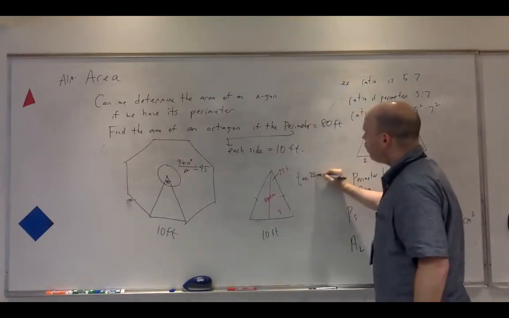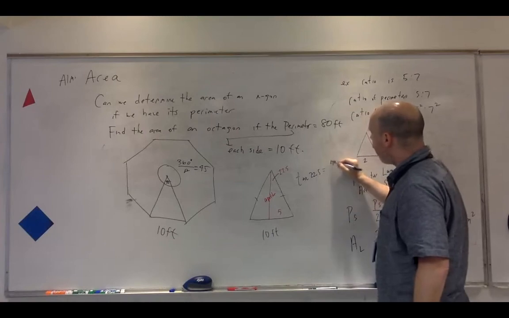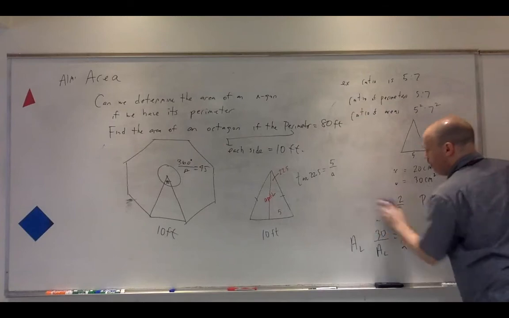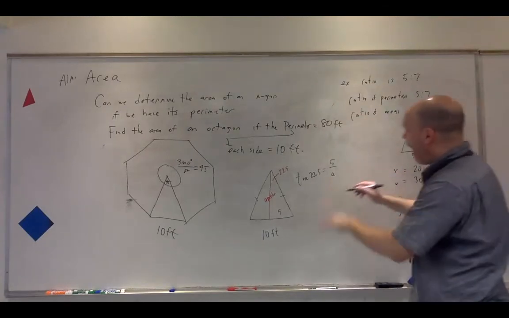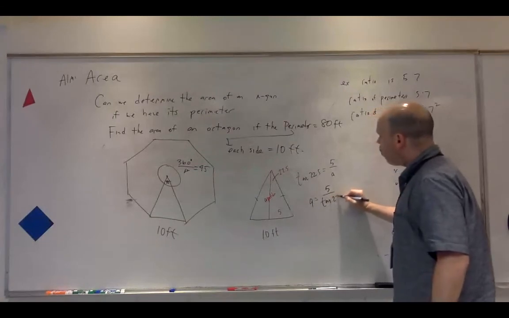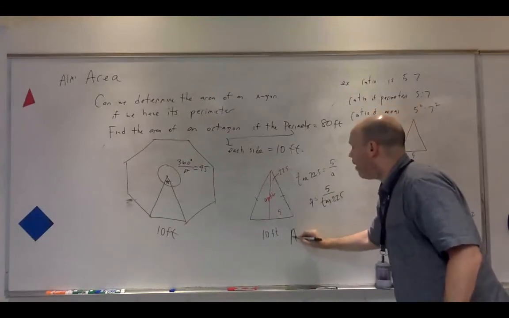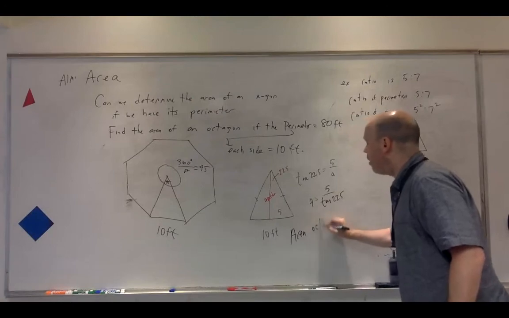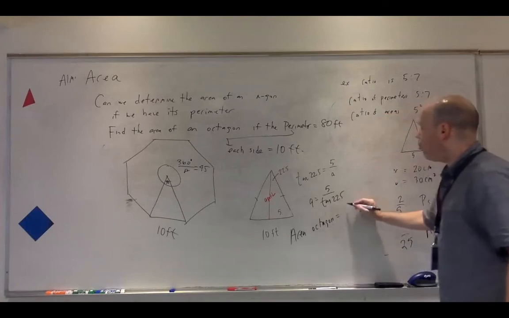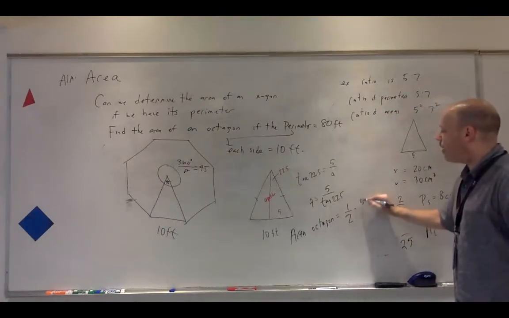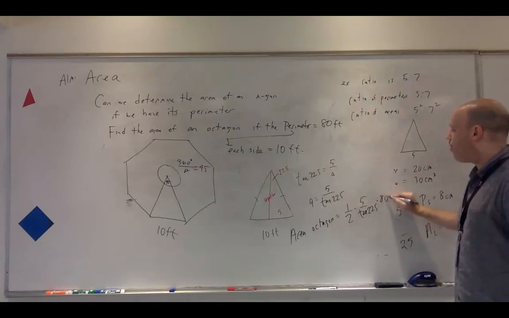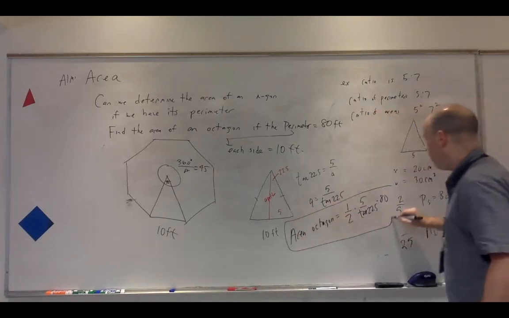The tangent of 22.5 is equal to 5 over A. And so now we have A is equal to 5 over the tangent of 22.5, and the area of our octagon is equal to 1/2 times the apothem times the perimeter.